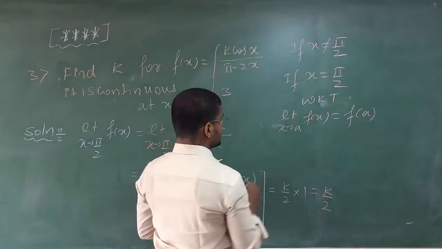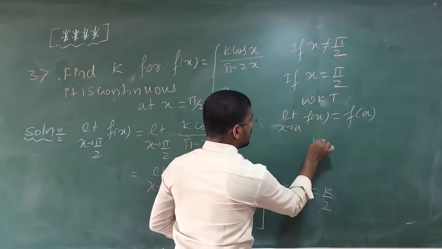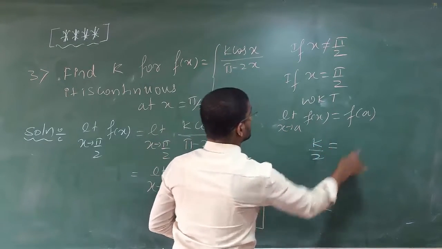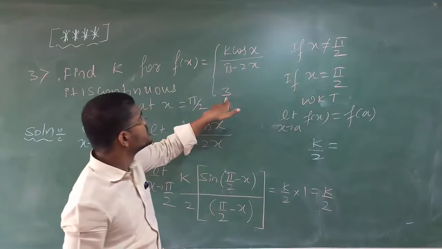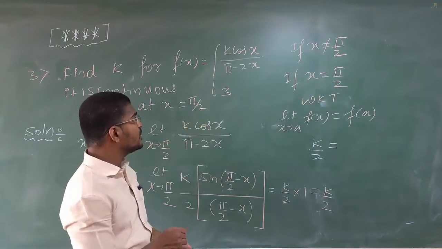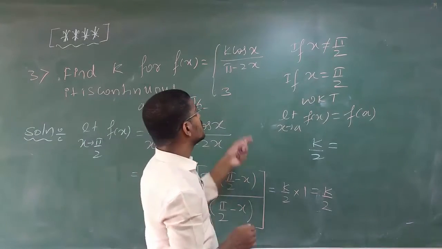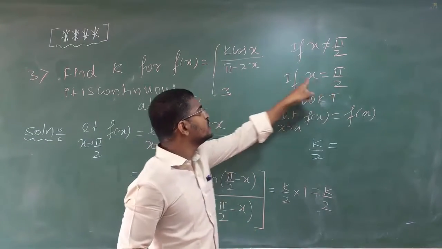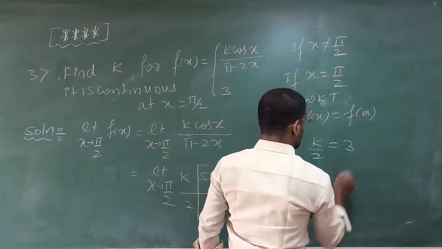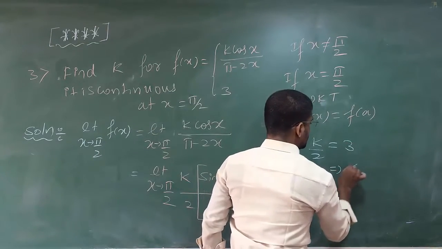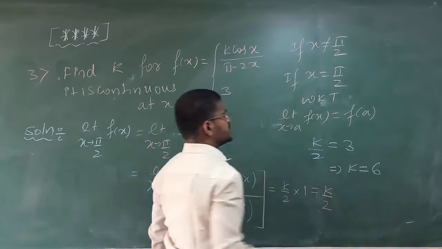So what is this term here? k by 2 equal to f of a. That means at x equal to pi by 2, this is how much? 3. That is what your f of a. Clear? f of a means what? f of pi by 2. At x equal to pi by 2, you are having 3. So that is k by 2 equal to 3. This implies k equal to 6.